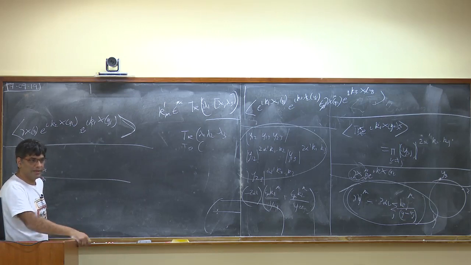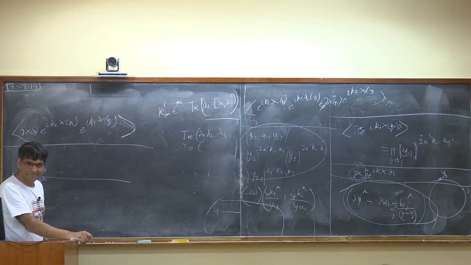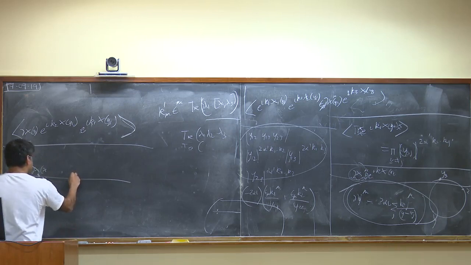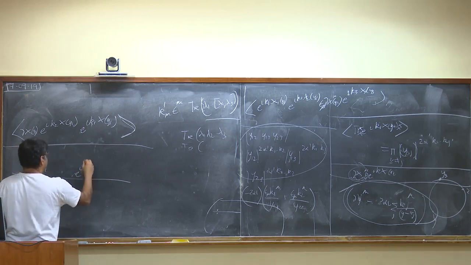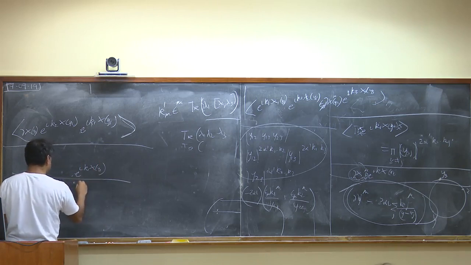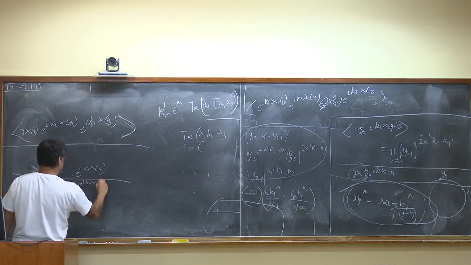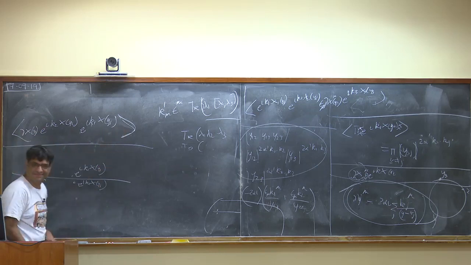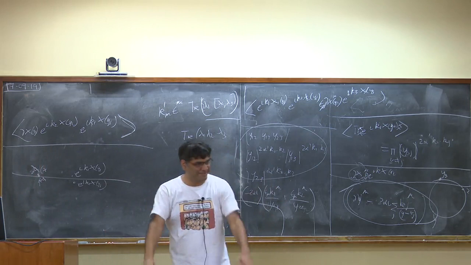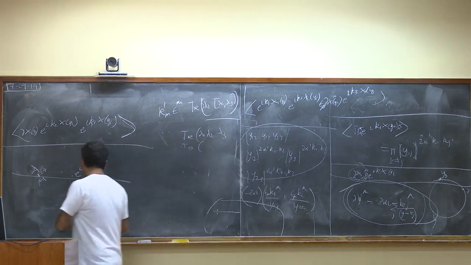We're not going to allow ourselves to contract the del x's with each other, but we will allow contraction with all these other guys. So this guy will have an e to the pi k1 x of y1. This guy has e to the pi k1 x of y1, and it's now a 6-point function, because we've got 2 del x's, 2 e to the pi k1s, and so on.